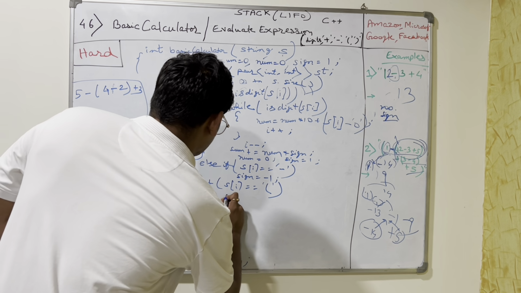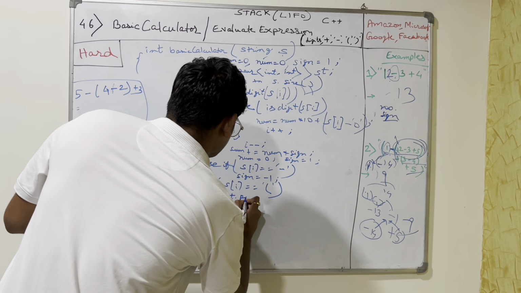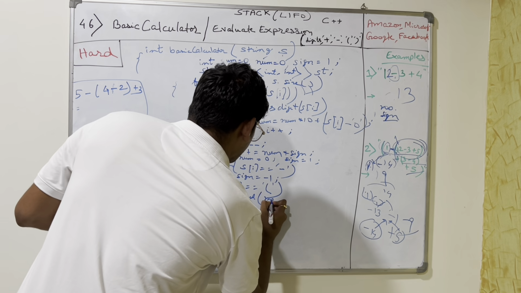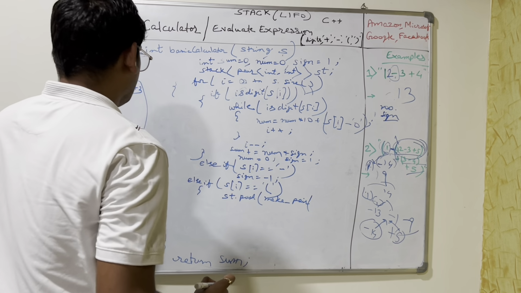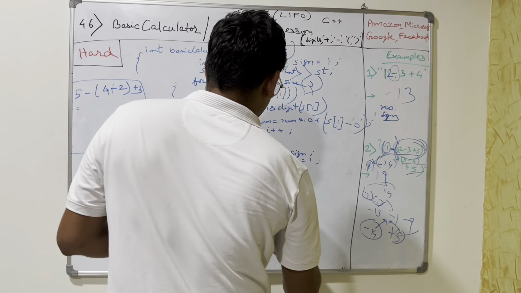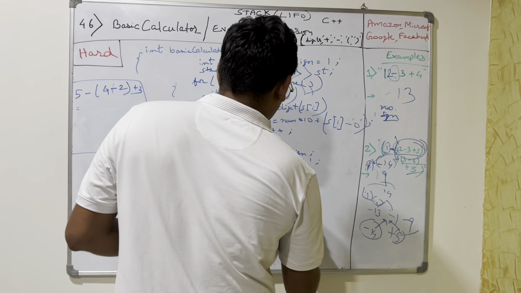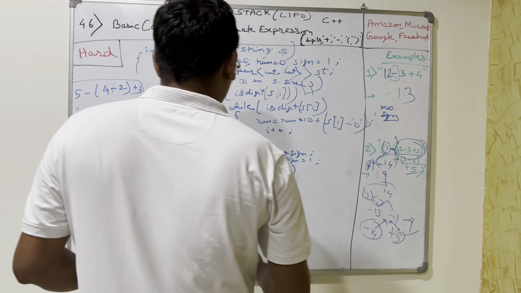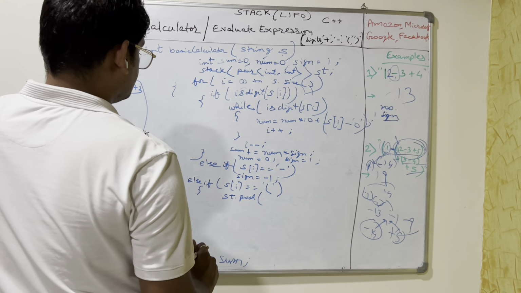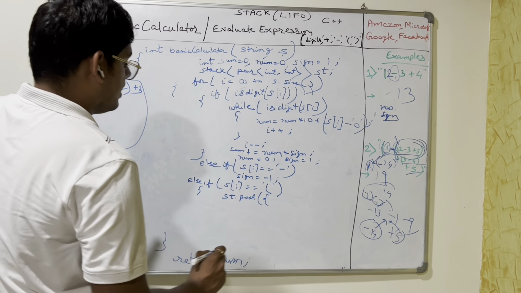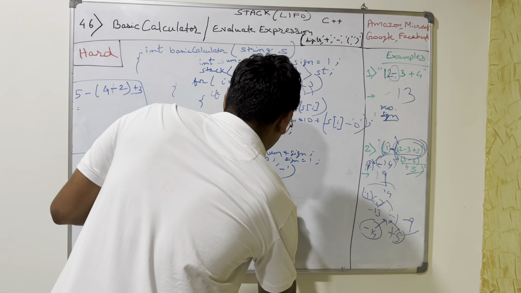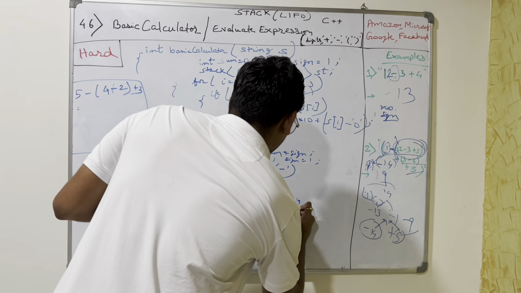So we will store the expression. We will do stack.push and make a pair, make_pair is a library function. What we will push in the stack is a pair of the sum and the sign.